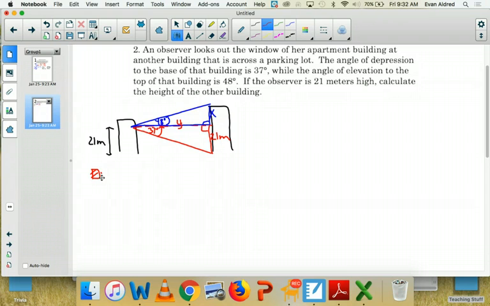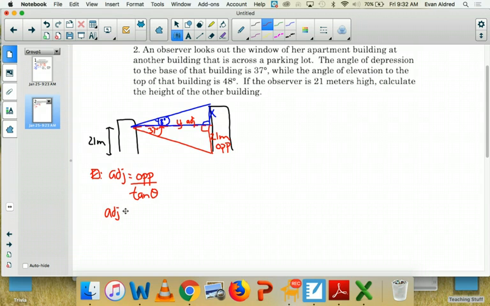So 21 meters is clear across the triangle, so it's going to be opposite. And the shared side will be adjacent for the red triangle. So we are going to need to solve for adjacent. So we're going to be using tan because it's opposite and adjacent. Adjacent is equal to opposite over tan theta.